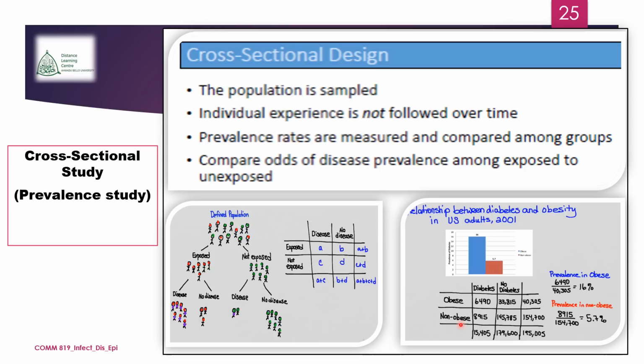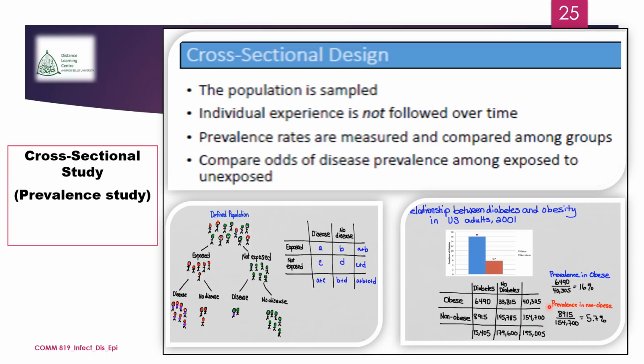But to actually test whether this hypothesis is true, you have to collect a random sample from the same location. So here we have the number of obese people. We collected 40,305 people. The non-obese, 154,700.